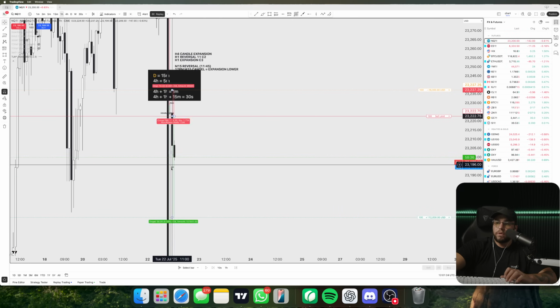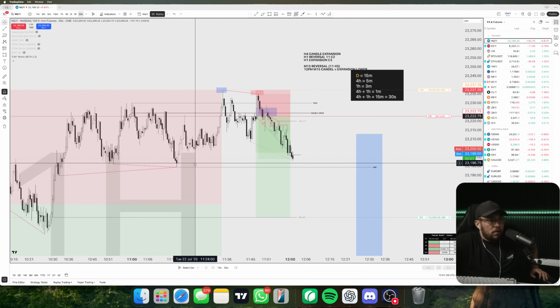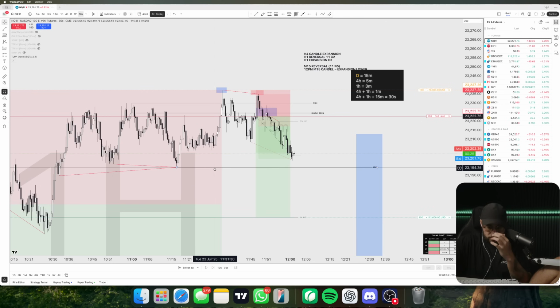Yeah, it's this hourly low. It's the hourly candle that we traded, right? The low of C2. Because what do we want to see candle 3 do? So what do we not want to see it do?